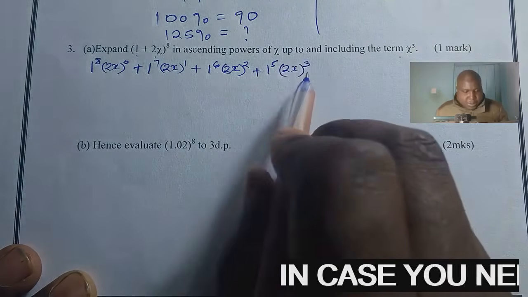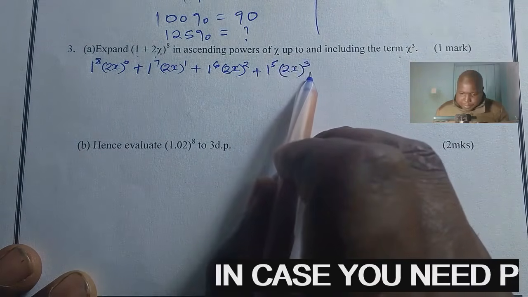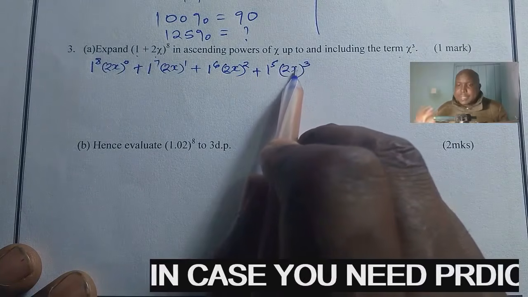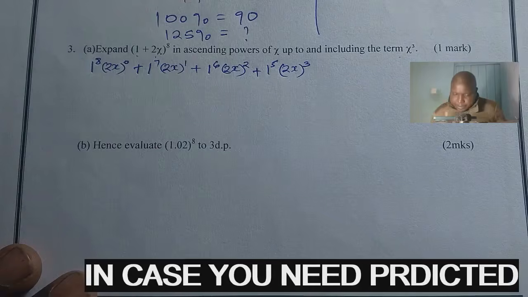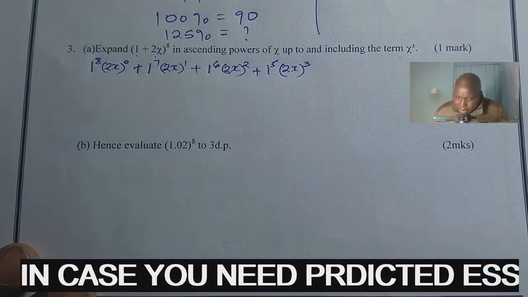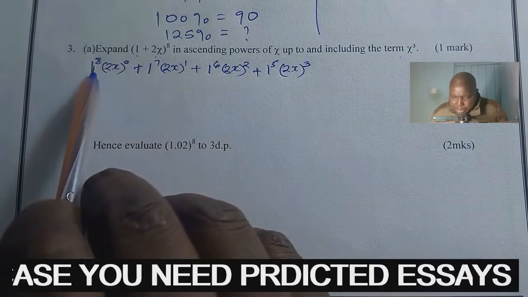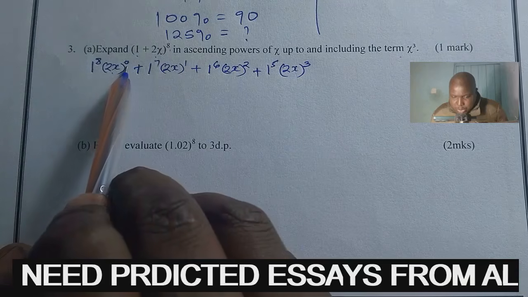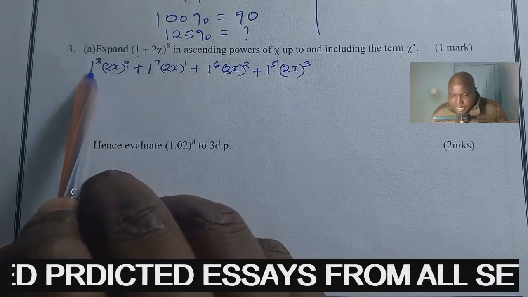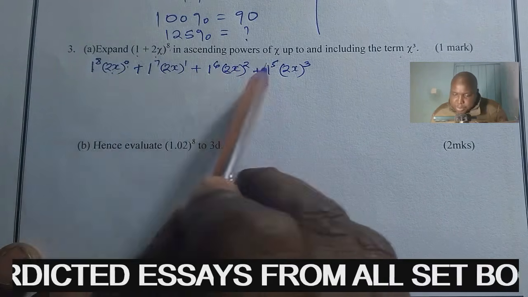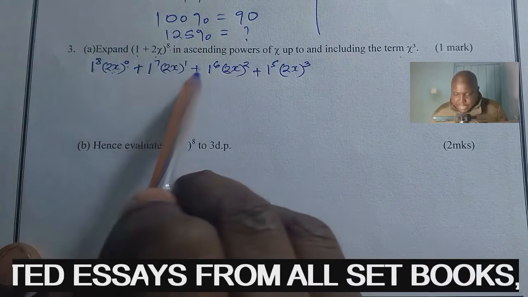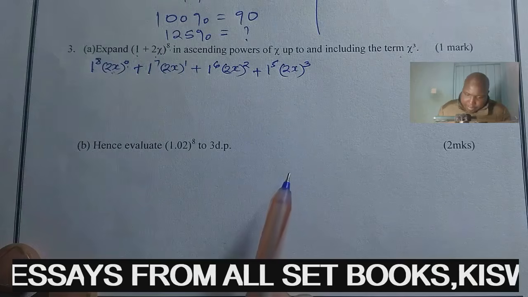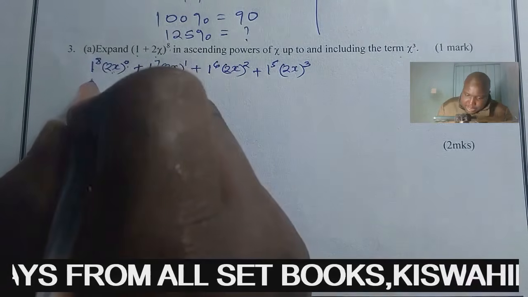So we stop there because we were told up to x to power 3. Always remember the first term we start with the given power, the second term will start from 0. The first term will be decreasing as the second term will be increasing. So this is actually 8.